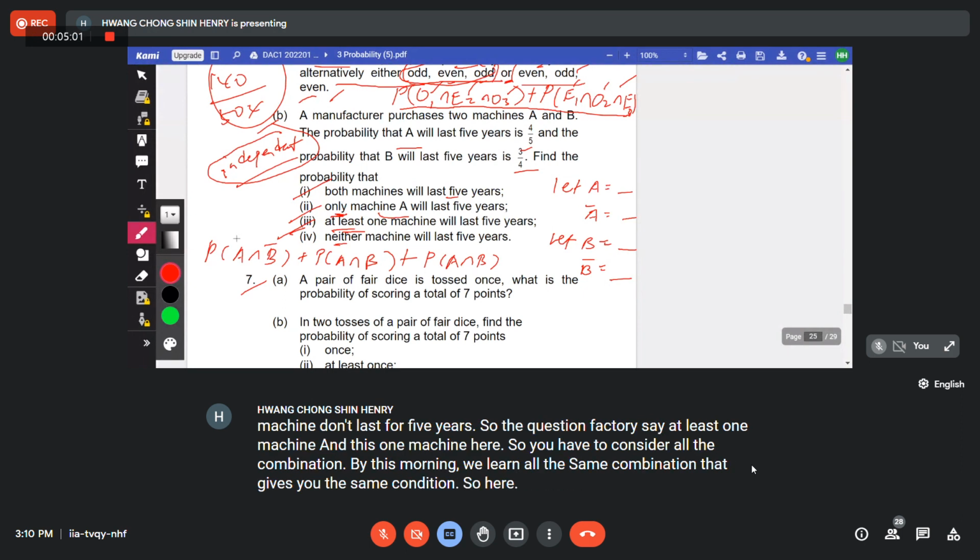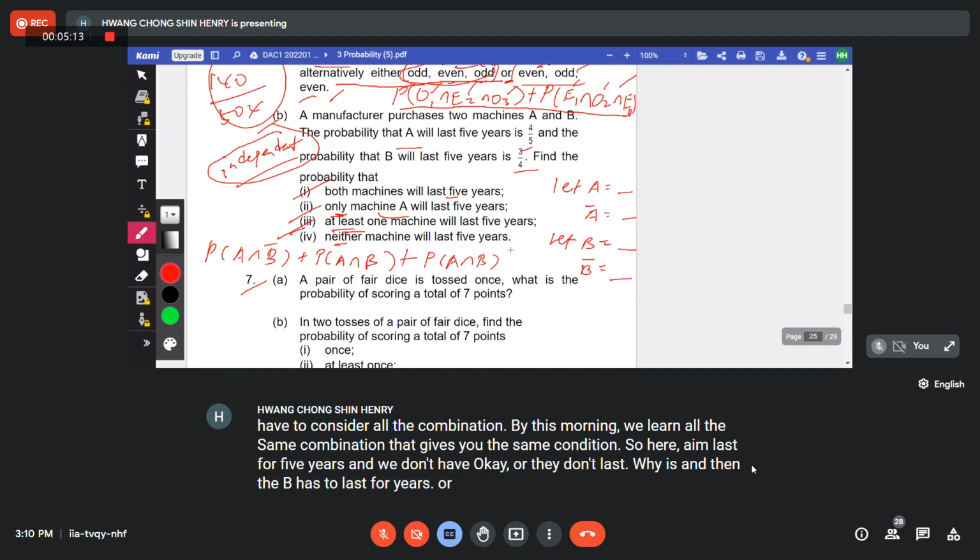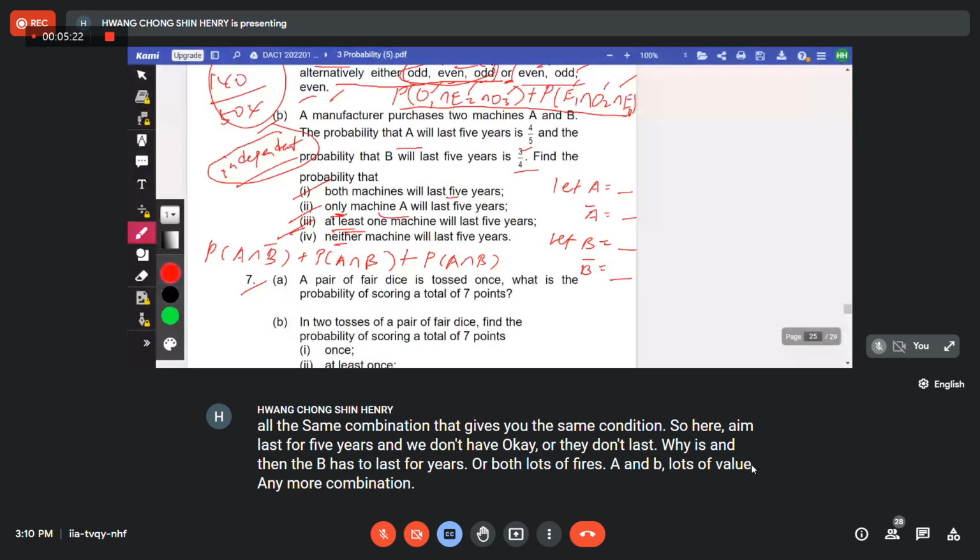So here, A lasts for 5 years and B doesn't last for 5 years. Okay, or A doesn't last for 5 years and then B has to last for 5 years. Or both last for 5 years. A and B last for 5 years. Any more combinations? No more, right?